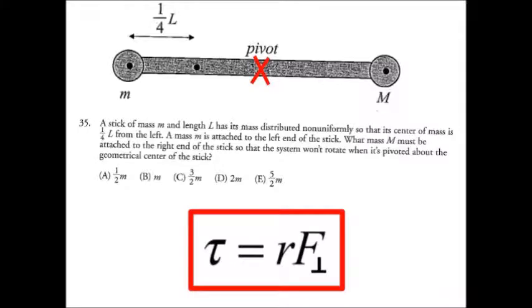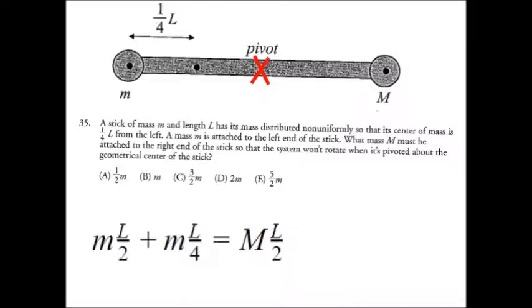Torque is equal to r F perpendicular. The counterclockwise torques balance the clockwise torques here, so we have M times L over 2, that's from the mass on the left, times m L over 4, that's the center of mass of the object. The mass of the object itself is equal to capital M L over 2, and do the math.